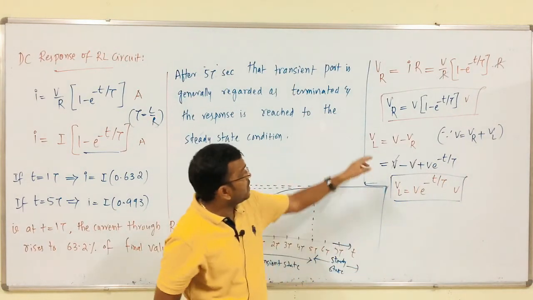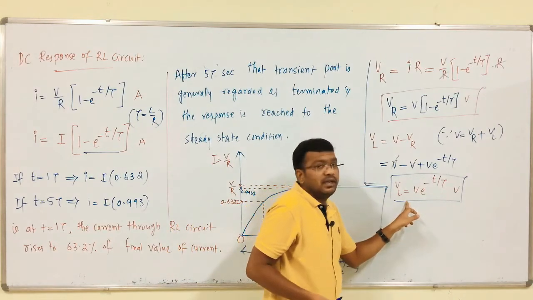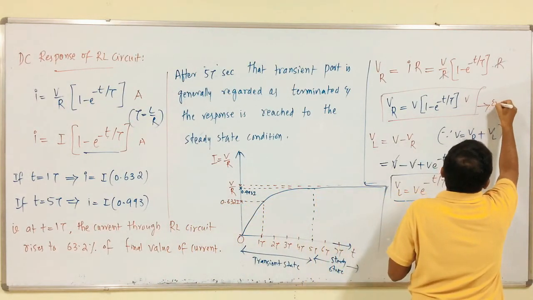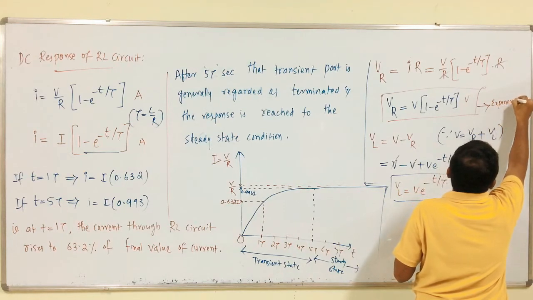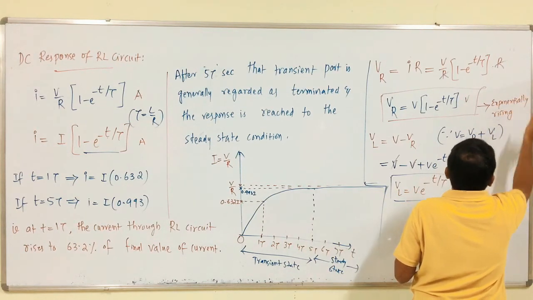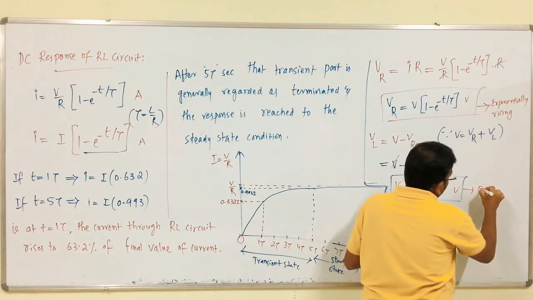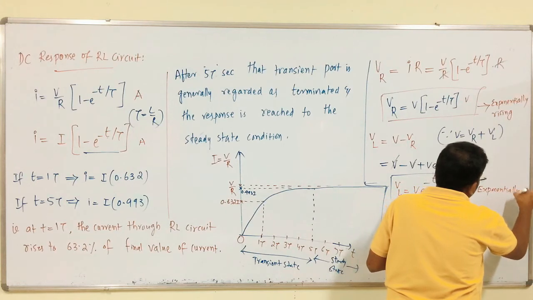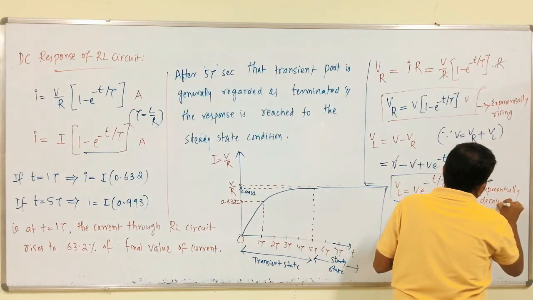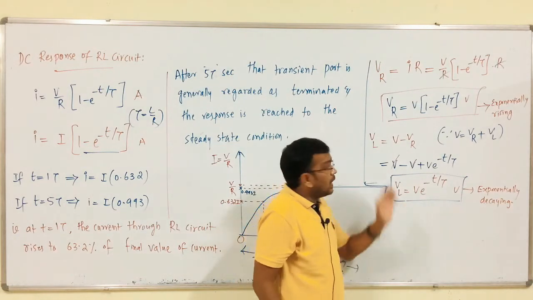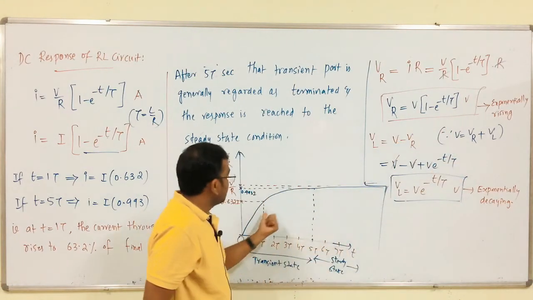So, this is the voltage across the resistance, this is the voltage across the inductor. This is exponentially rising, this is exponentially decaying. Exponential rising means like this.